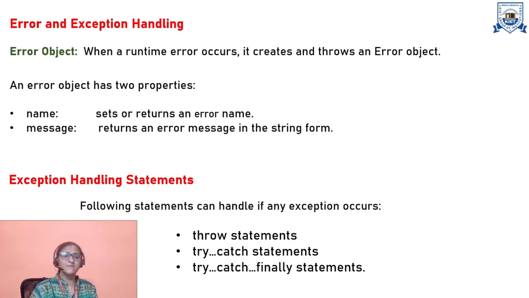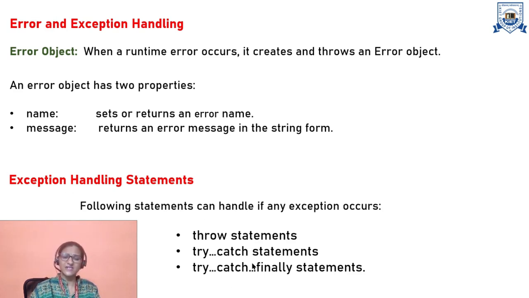With the help of its message and its name, it helps us to eradicate the error. An error object has two properties. One is name, which returns the name of the error, and message, which returns an error message in string form.